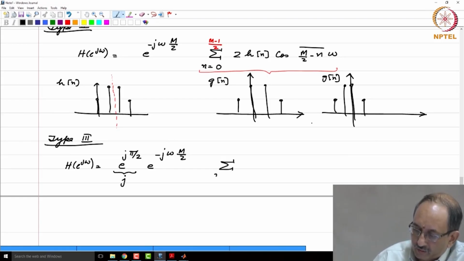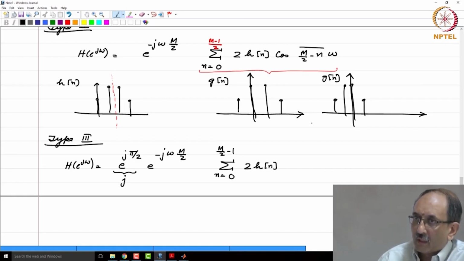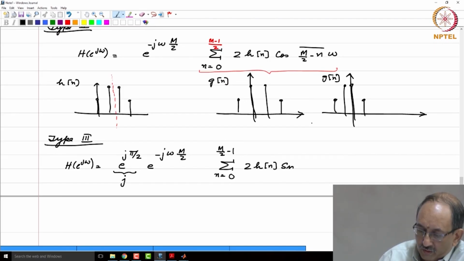Therefore, that term does not come into the equation. So, you are left with n going from 0 to again m by 2 minus 1, 2 times h of n, and now because of odd symmetry rather than cosine you can expect sine. So, this is 2 times h of n times sine of (m by 2 minus n) omega.